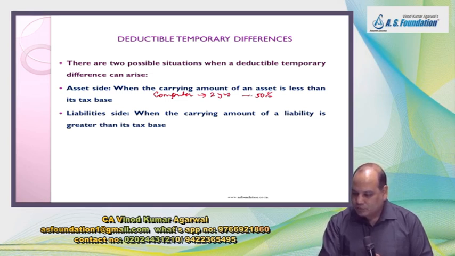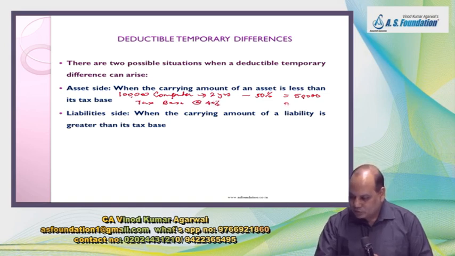So the cost of the computer is 1 lakh minus 50%. Carrying amount is 50,000. But will income tax allow you 50% depreciation deduction? How much is that? 40%. So your tax base will be 1 lakh minus 40%, 60,000.